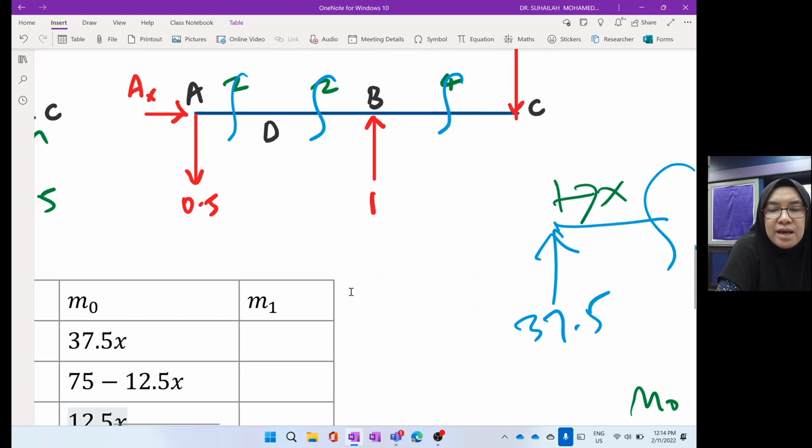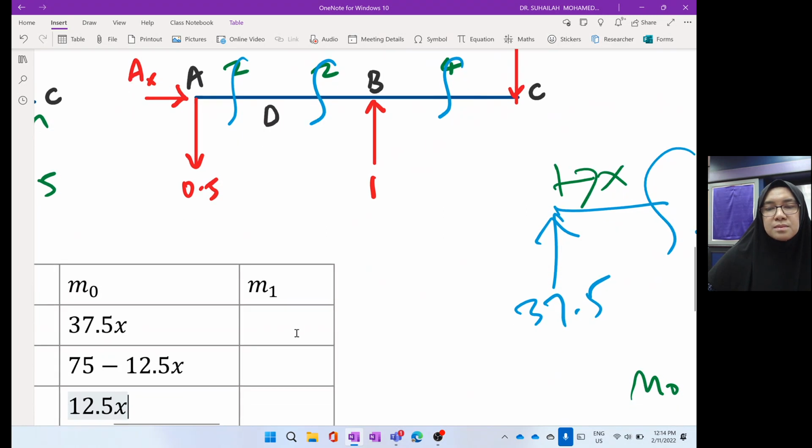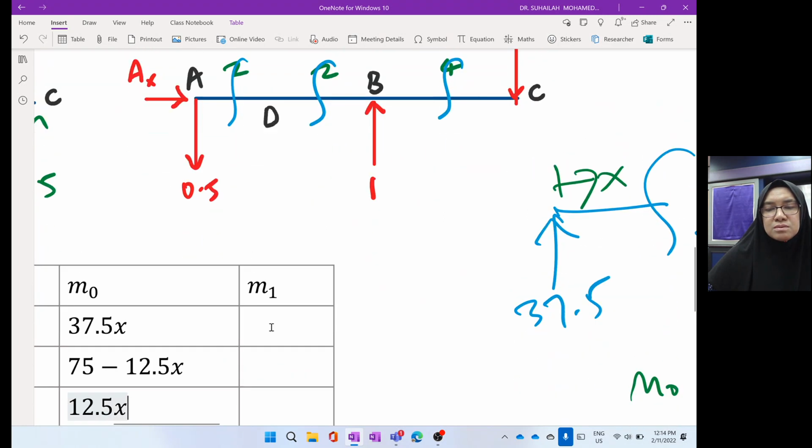Redundant. Okay, the first cutting section AD, M1 is equal to 0.5x or negative 0.5x?